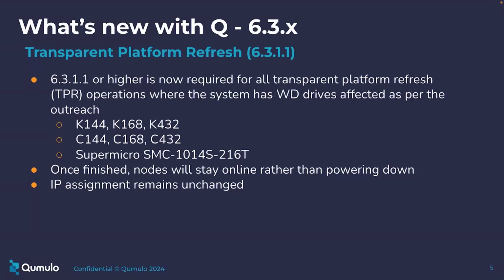Once the TPR finishes, there is a slight change. Historically, it would power down the nodes. Now we go ahead and keep them online. There's a couple different reasons for this, but the biggest one is a lot of customers will be going through this or have gone through this, and afterwards they want to wipe the systems, for example. Dealing with a customer right now who has to go through and do a Department of Defense wipe against all the data that was on those.